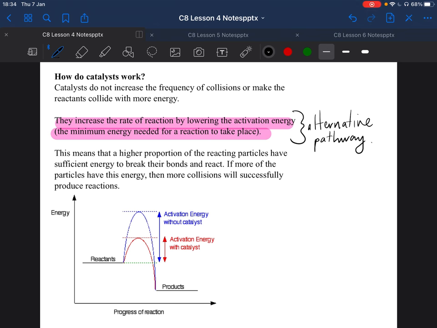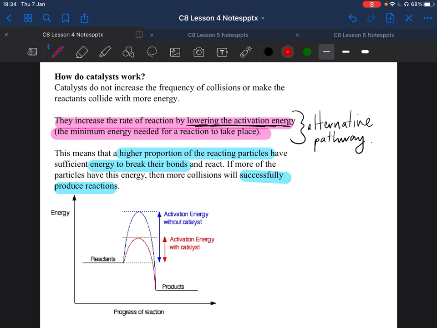That other route has a lower activation energy. So by giving it another way to react, it's lowering the activation energy, which brings the rate of reaction up. I said this before, so I'm going to repeat it again. It means that we have more of the particles with enough energy to break their bonds. If there's enough energy for them to break their bonds when they collide, they will successfully produce reactions.